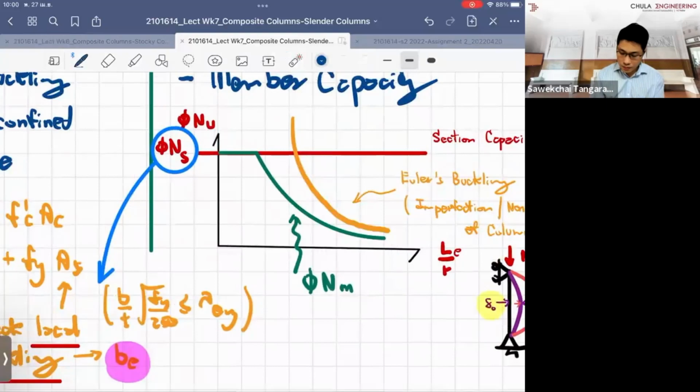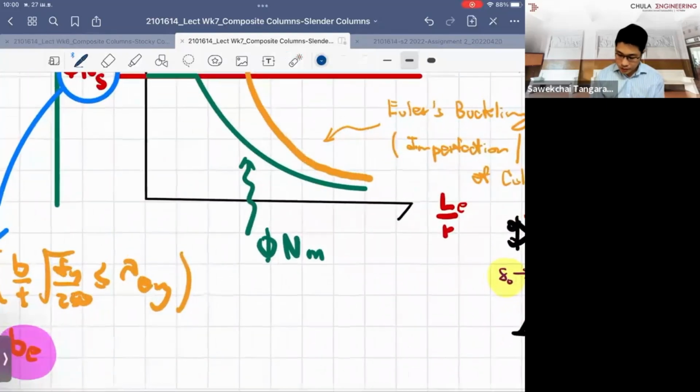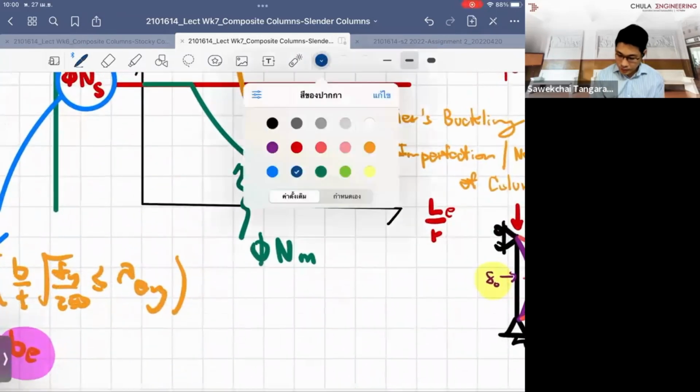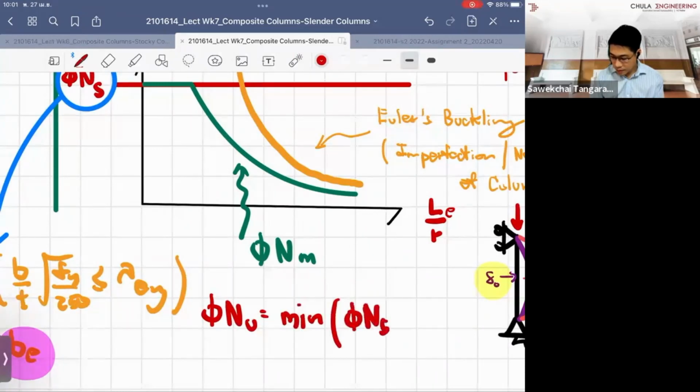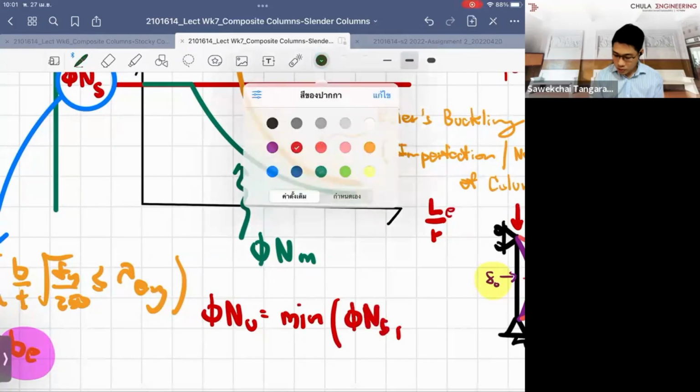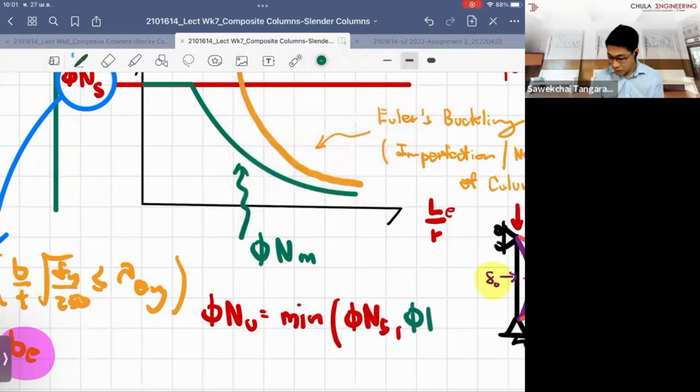In the steel designs, the capacity of the column that we are looking for is the minimum between the section capacity and the member capacity. You look in the steel code, they keep talking about this.